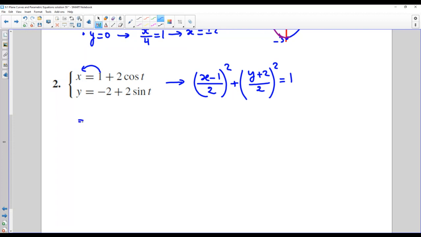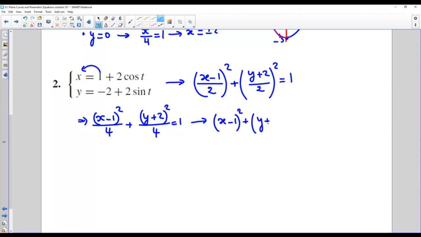So that means (x minus 1) squared over 4 plus (y plus 2) squared over 4 is equal to 1. So we will have (x minus 1) squared plus (y plus 2) squared is equal to 4. And what is this equation?